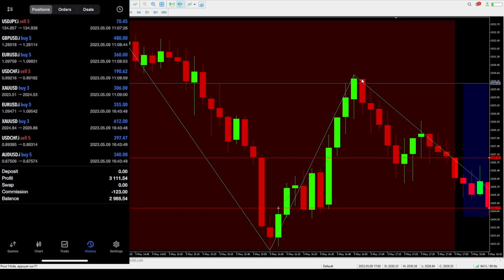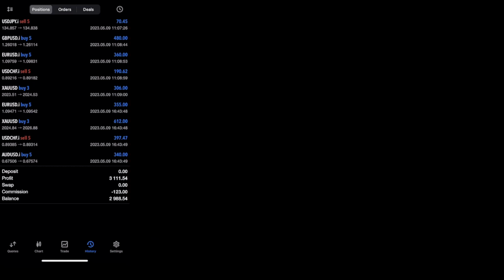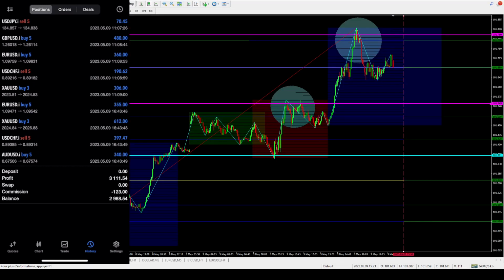Now, as you can see, there was another way to go as high as that. But what I was expecting was only to take a trade until, let me show you, until the dollar went to this price here at 101.68.